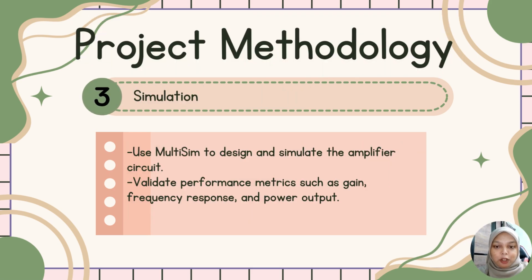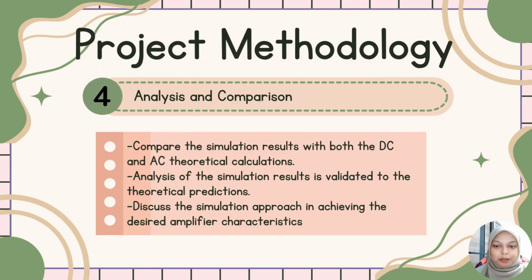Step 3, simulation. Use simulation to design and simulate the amplifier circuit. Validate performance metrics such as gain, frequency response, and power output. For step 4, analysis and comparison, compare the simulation result with both the DC and AC theoretical calculation. Analysis of the simulation result is validated to the theoretical prediction.